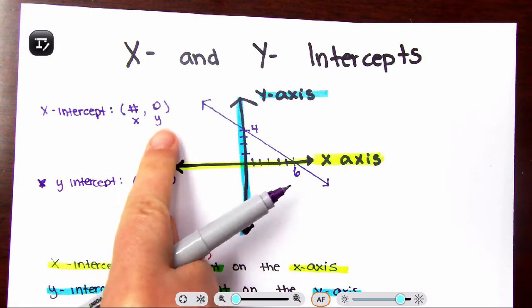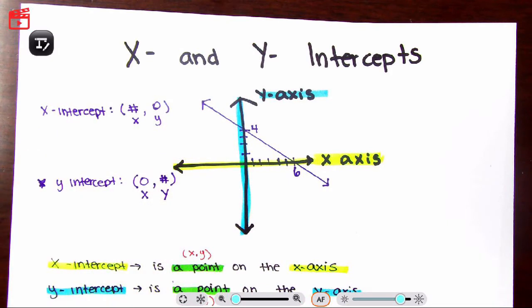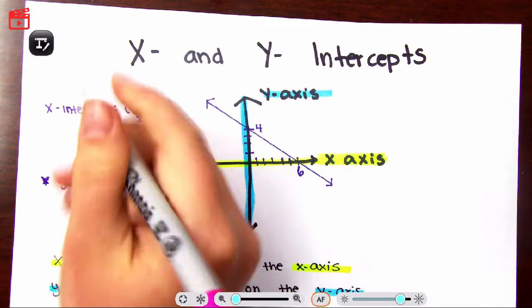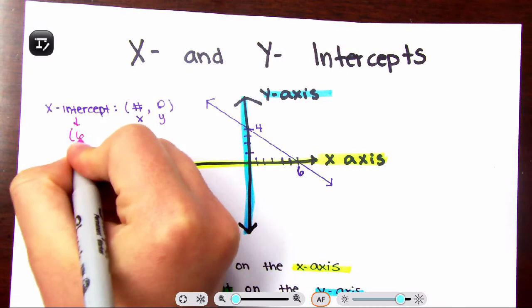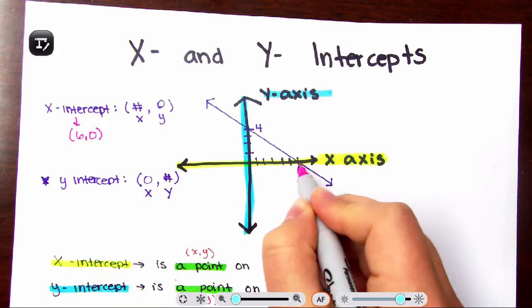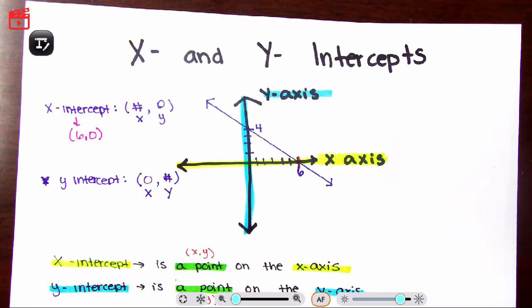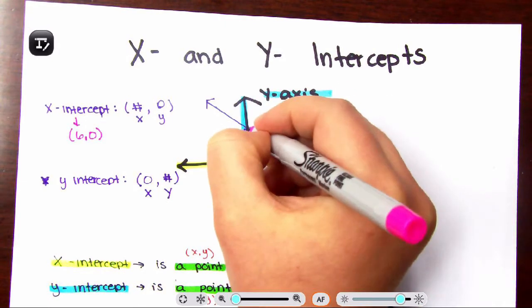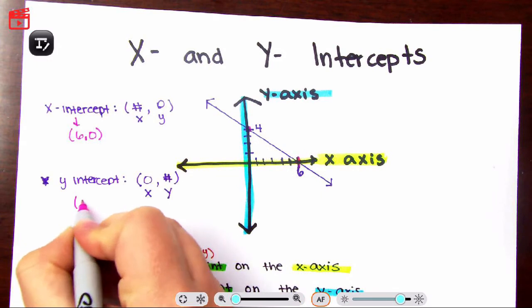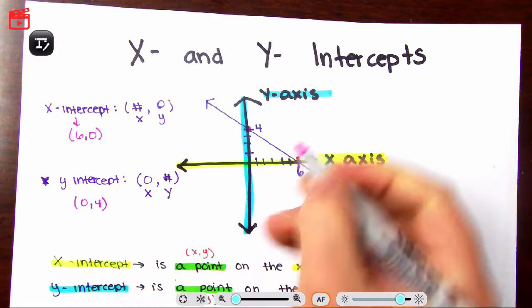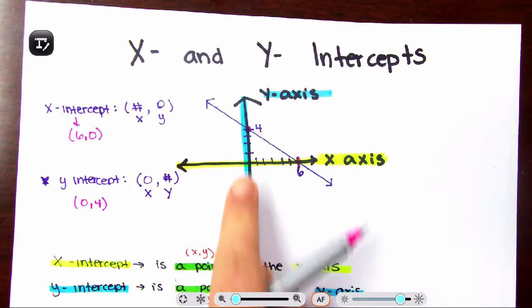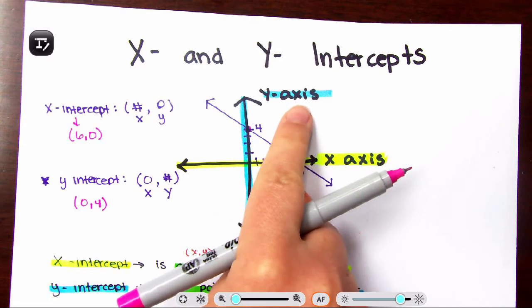Y, Y, X, X. So for the X-intercept, you're going to have 6, 0. So 6 is the number where you have an intersection on the X-axis. And then here's your Y. Y is 0, 4, because 4 is where your line is crossing the Y-axis.